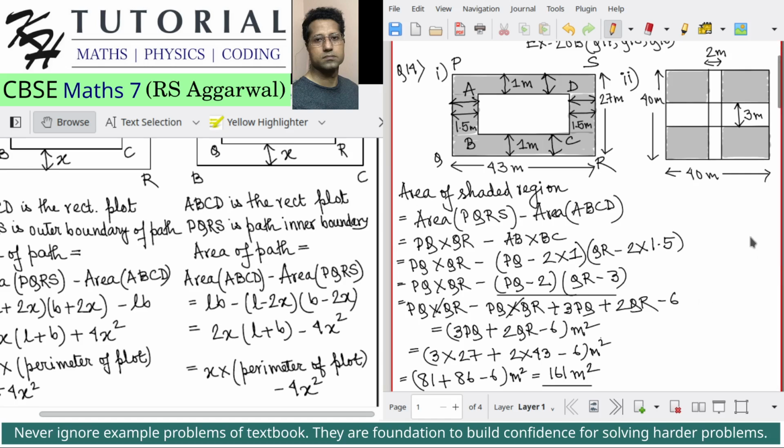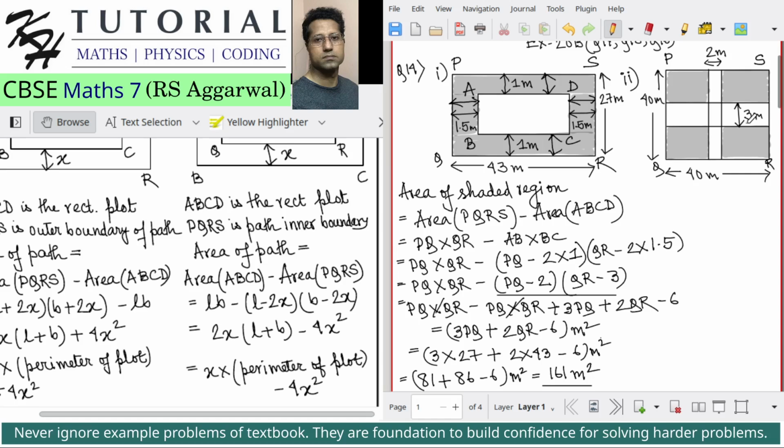Now in figure 2, we have to find the area of the shaded region. So basically you can see that it's a square. The outermost rectangle, let's say PQRS, and you can consider the white regions as roads running parallel to the length and breadth of the square, and the widths of the roads are given.